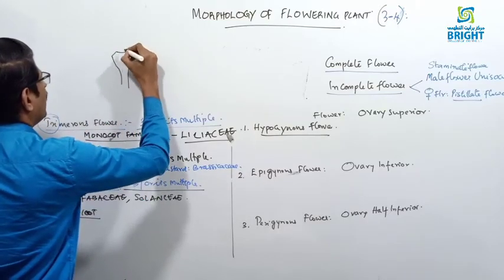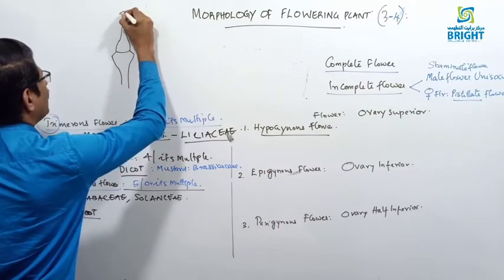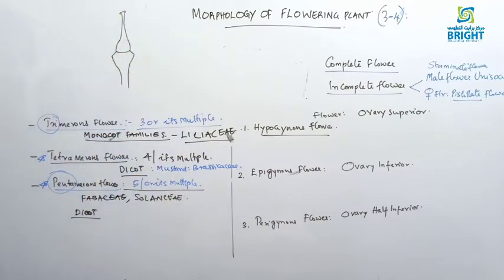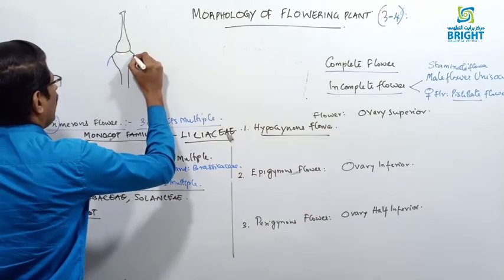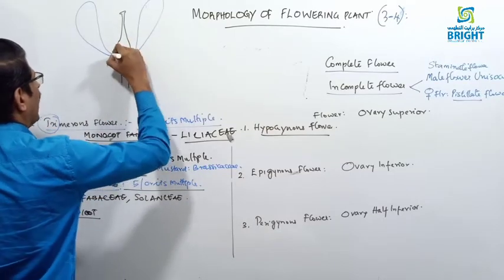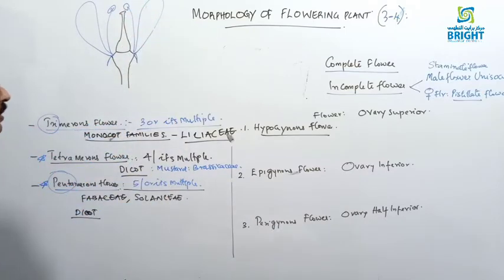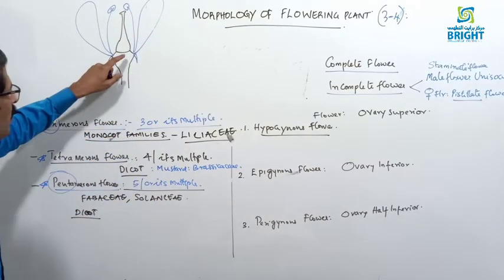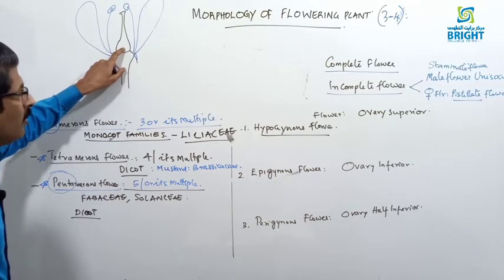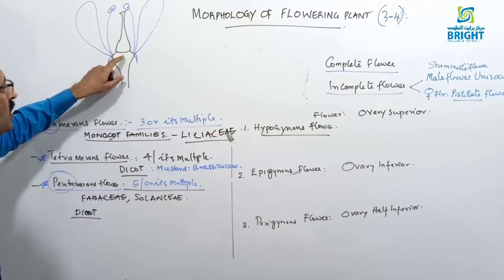The gynoecium occupies the highest position on the thalamus, and all other floral whorls like calyx, corolla and androecium originate below it. So the ovary occupies the highest position on the thalamus, and all other floral parts originate below it.